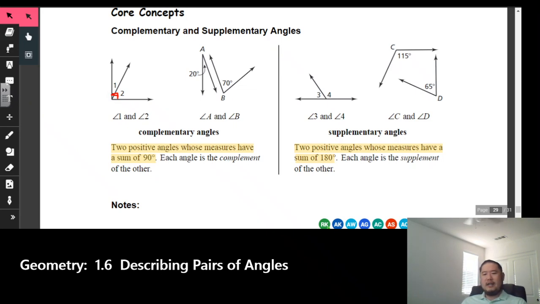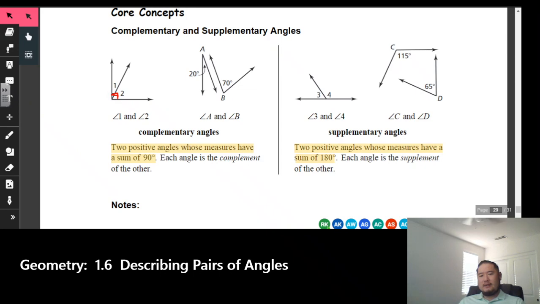Let's take a look at the next term, supplementary angles. Now, supplementary angles are two angles that add up to 180 degrees. So, same thing. If you look in the first diagram right here, angles 3 and 4 are adjacent to one another, meaning they're right next to each other. They share a common ray.